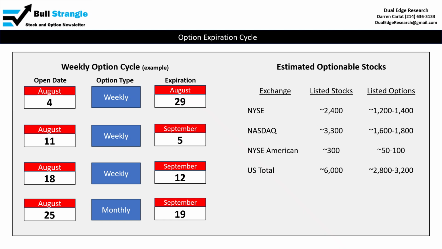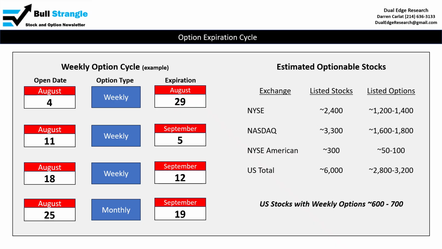This is a pretty broad range because the number of stocks is constantly changing, but you get the idea. When you look at the stocks with weekly options, it drops even further. About 1/4 of the companies with options actually have weekly options. So we're basically looking at a universe of 600 to 700 stocks.